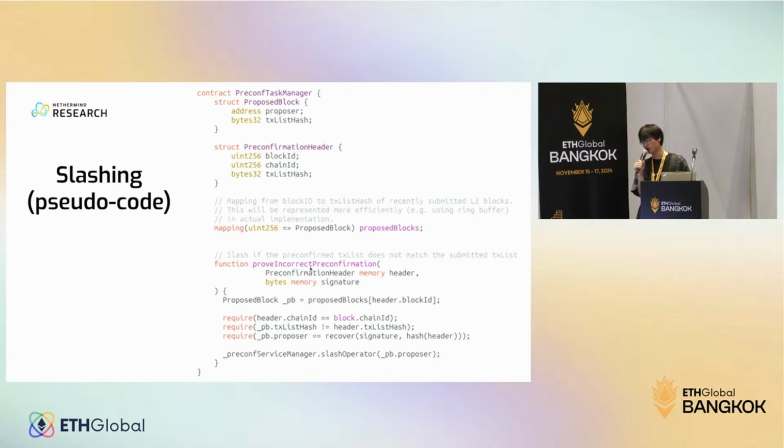Then we have this prove incorrect pre-confirmation function that will detect differences between the pre-conf L2 block and the submitted L2 block. Implementation-wise, the most important part is here: you're just checking whether what was actually posted to L1 mismatches the header that was pre-confirmed, and whether it was pre-confirmed by the pre-confirmer, where we check the signature.